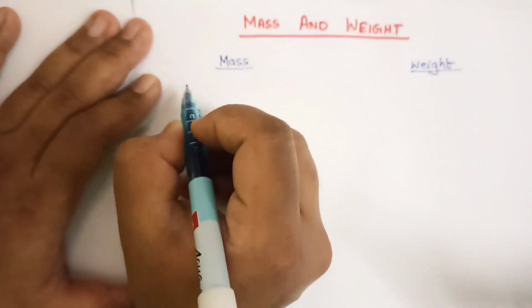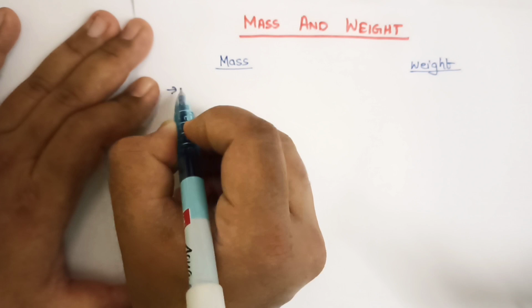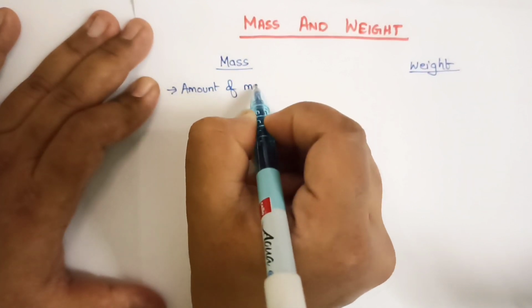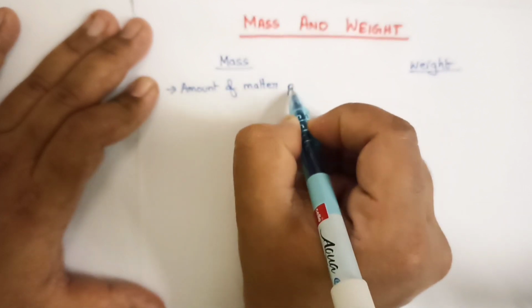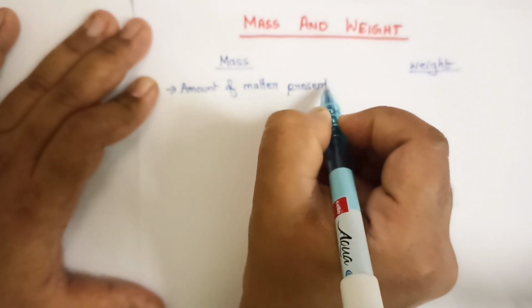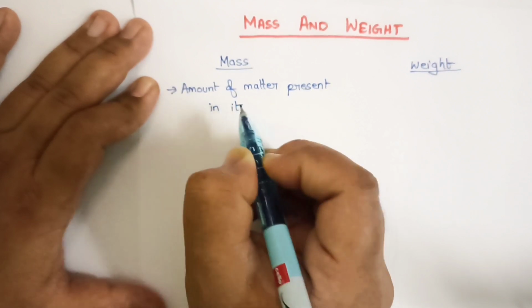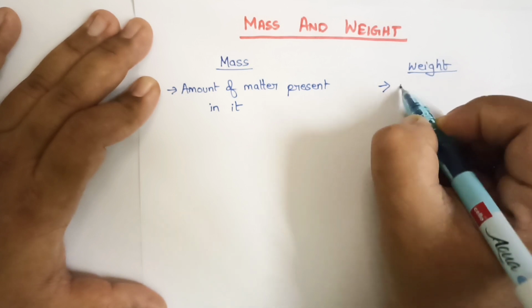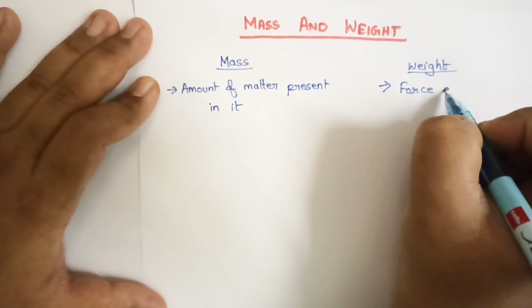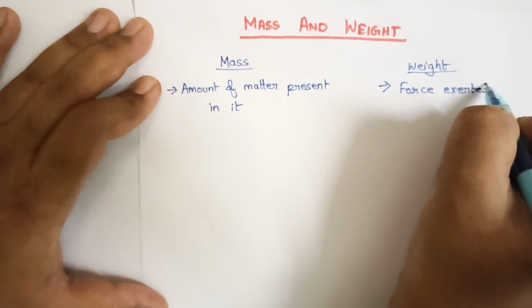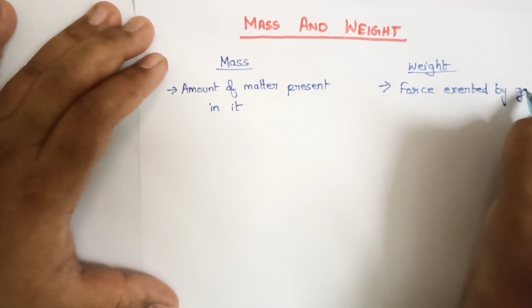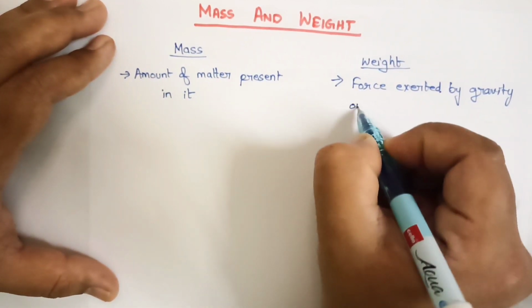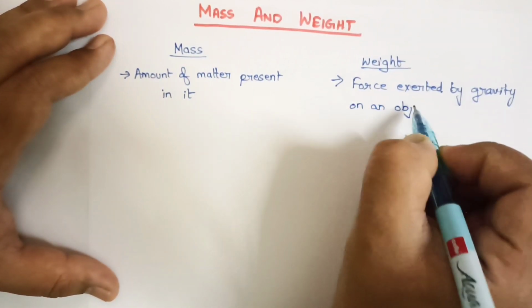Now what is meant by mass? Mass is the amount of matter present in it, whereas weight is the force exerted by gravity on an object.